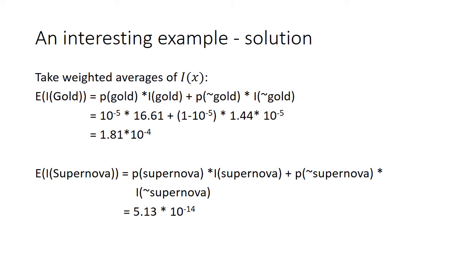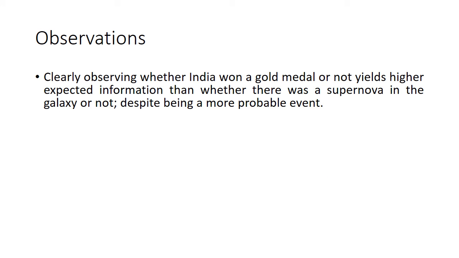But on average, if we are to measure these events without knowing the actual outcomes, we will find that the information we gain by observing whether India won a gold medal or not is more than the information we can gain by observing whether a supernova happened or not. So that's a very important observation: observing whether India won a gold medal or not yields higher expected information despite being a more probable event.